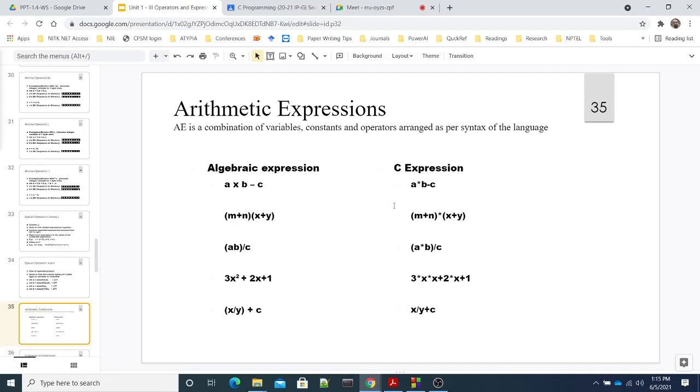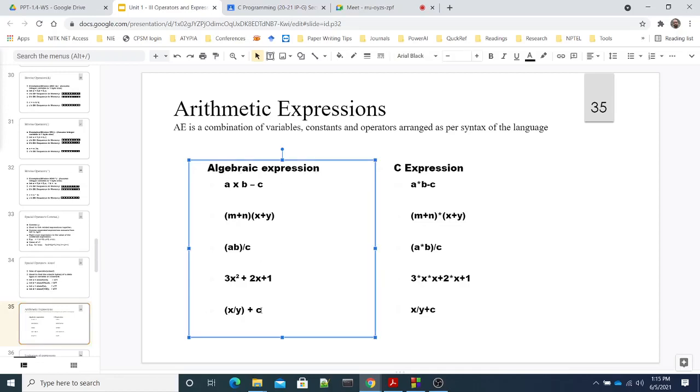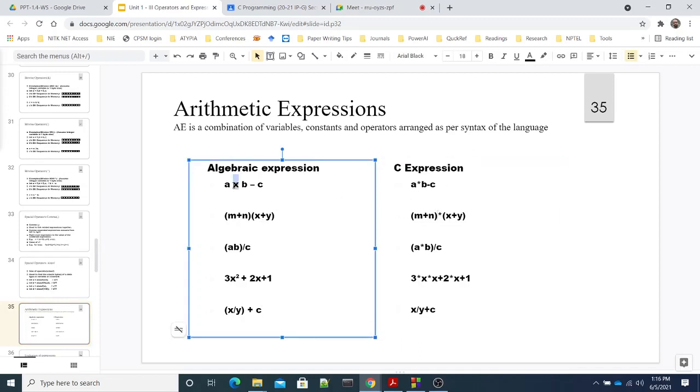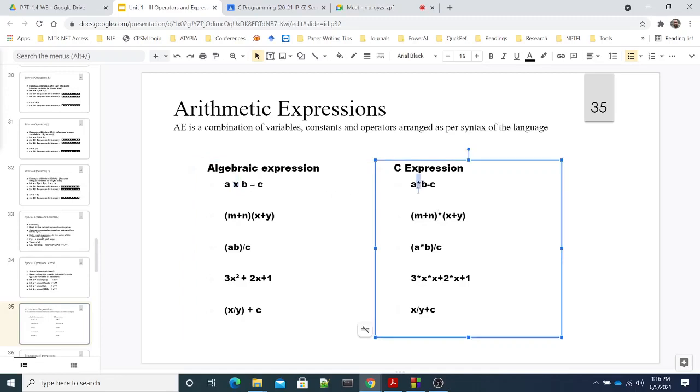So a plus b is an arithmetic expression. Here in the first column there is the mathematical way of writing an expression, the algebraic expression, and the corresponding C equivalent is here. In mathematics we use a cross symbol for multiplication, but in C it is star or asterisk. So a into b minus c.